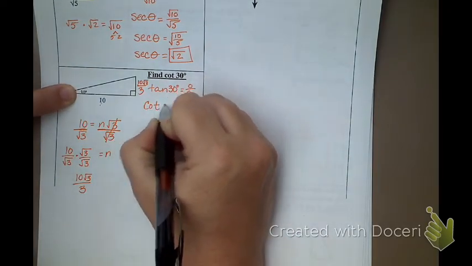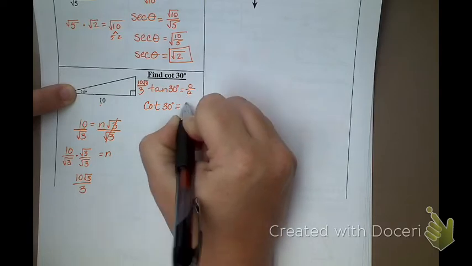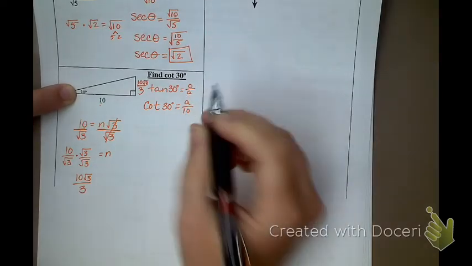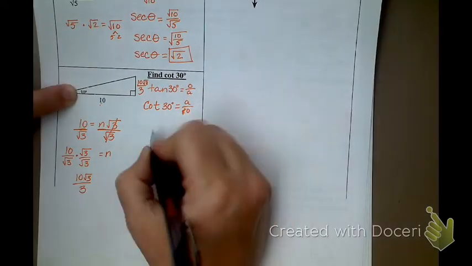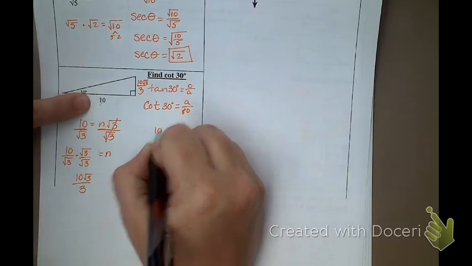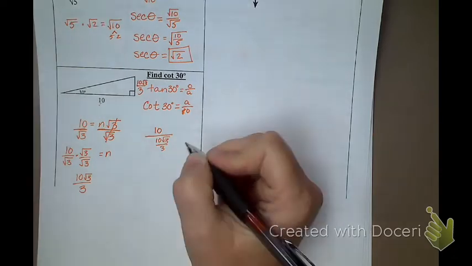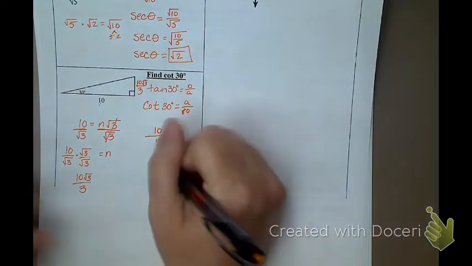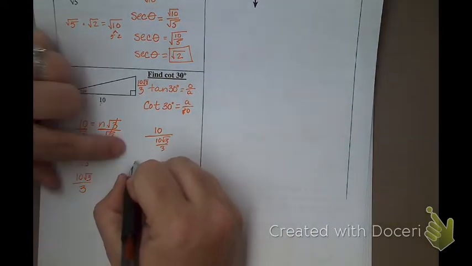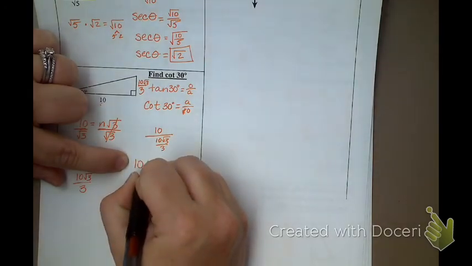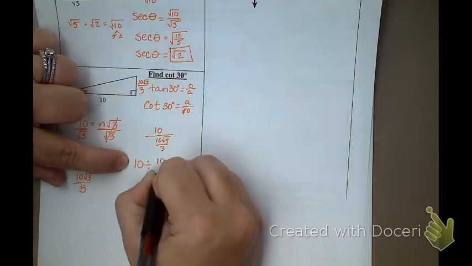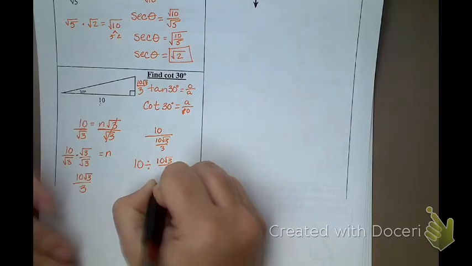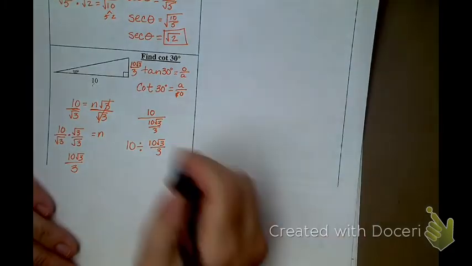Cotangent of 30 is going to be adjacent over opposite. So that's going to be 10 over 10 rad 3 over 3. Now that's just a confusing way to write it when you have a fraction in there, so I'm going to write this a little bit differently: 10 divided by 10 rad 3 over 3. How do you divide things when you have a fraction?